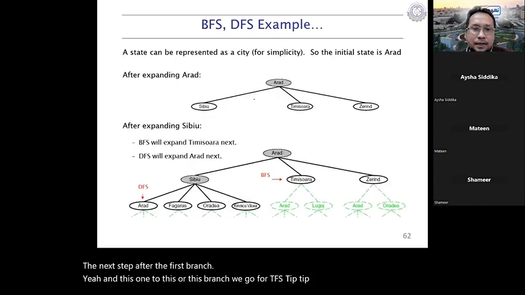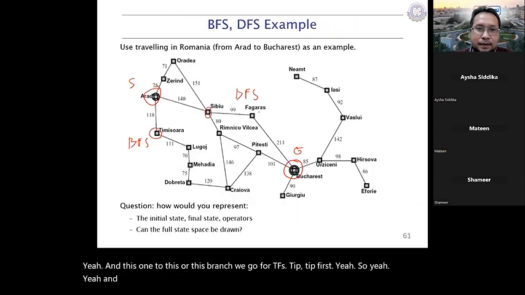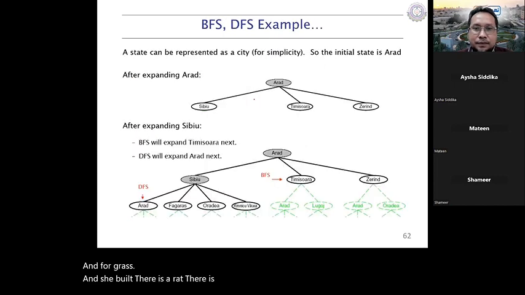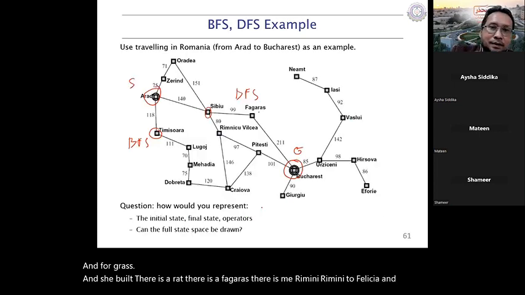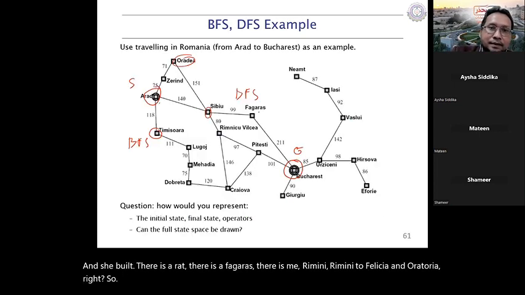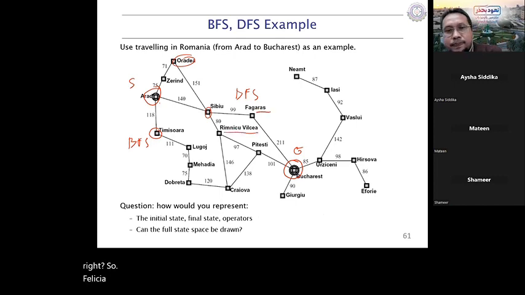So in Sibiu there is Arad, Fagaras, Rimnicu Vilcea, and Oradea, right? So Oradea, again Arad, Rimnicu Vilcea, and Fagaras.